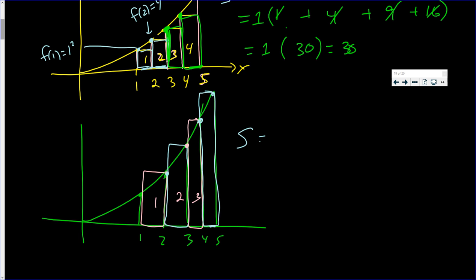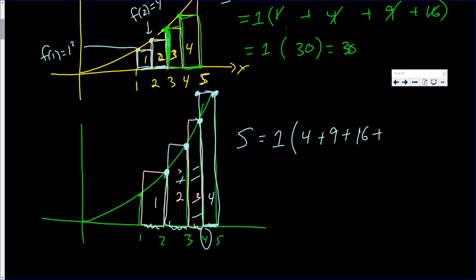So big S, well, all the bases happen to be 1. So let's just multiply by the heights. The height of the first rectangle is f of 2, 2 squared is 4. The second rectangle, the height is f of 3, which is 9. In the third rectangle, the height is up here, which is f of 4, which is 4 squared. And lastly, the fourth rectangle, the height is up here.